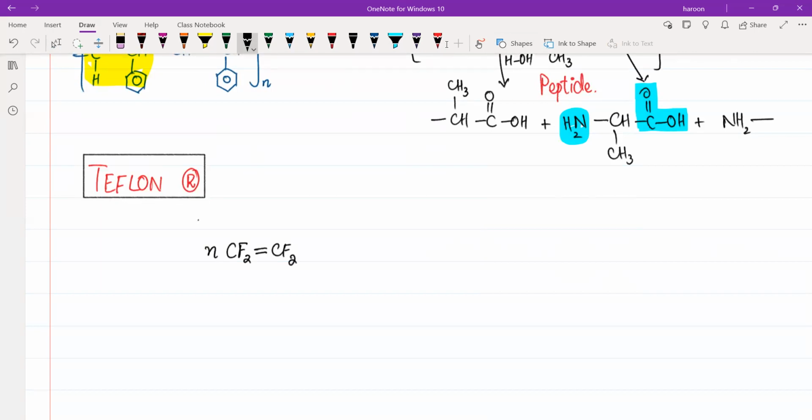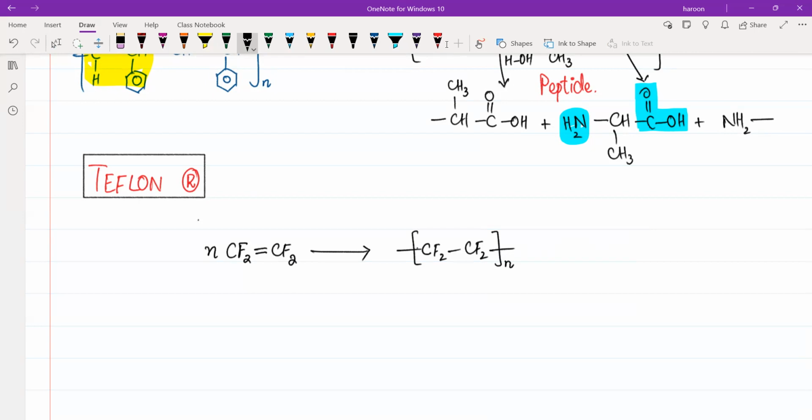When n numbers of this monomer combine together they form CF2 up to n numbers, and this is Teflon.